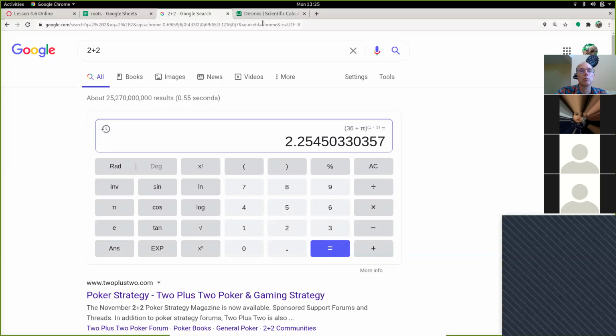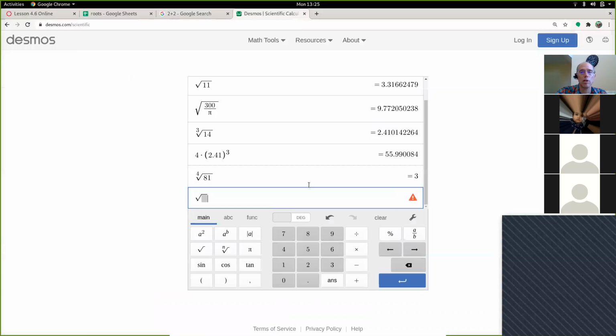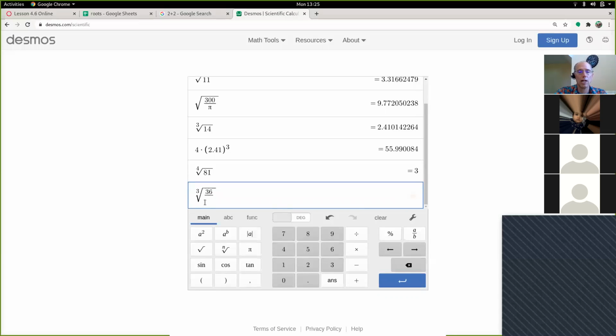Let me check in Desmos, which does have a cube root button. Root cube of 36 over pi. And then the question is, does it look like the pi is in the root? Yeah, it looks like it is. 2.25, and I would round that to a 5. Yep, agree with Larissa there. So it's about 2.255 to the nearest thousandth.